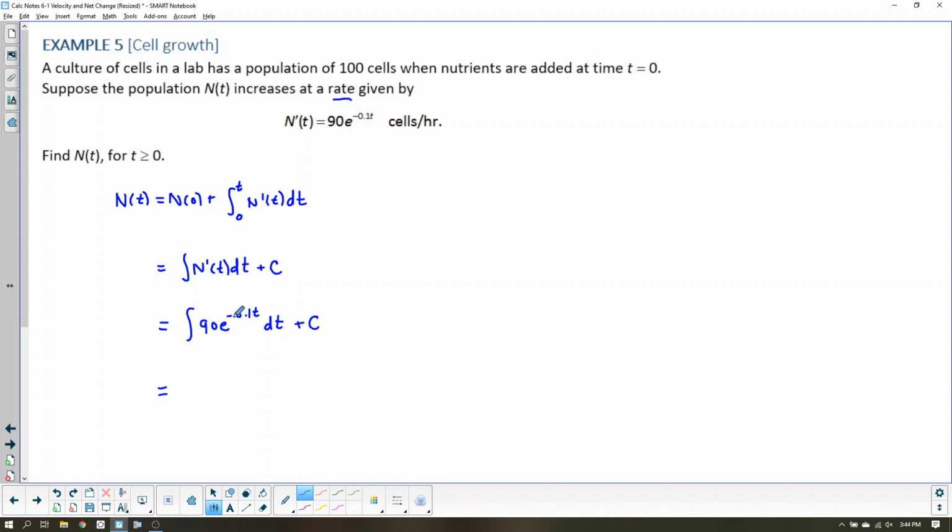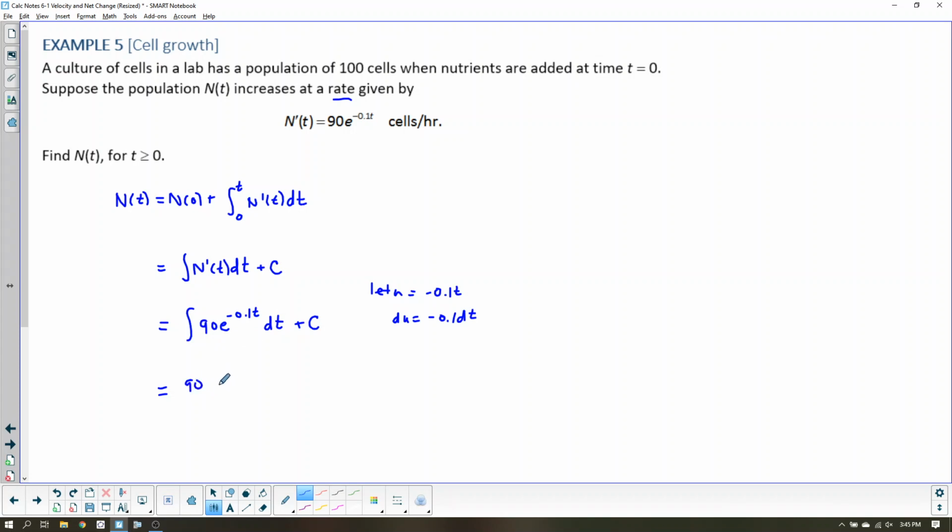So this technically should be a u substitution problem. We should let u equal negative 0.1t, so then du would equal negative 0.1 dt. So we need to put that in the integrand, and we would also cancel it at the front. But I think this is one that we can just do in our head.